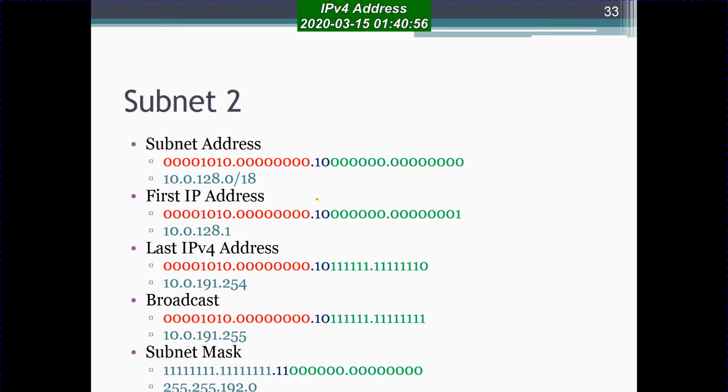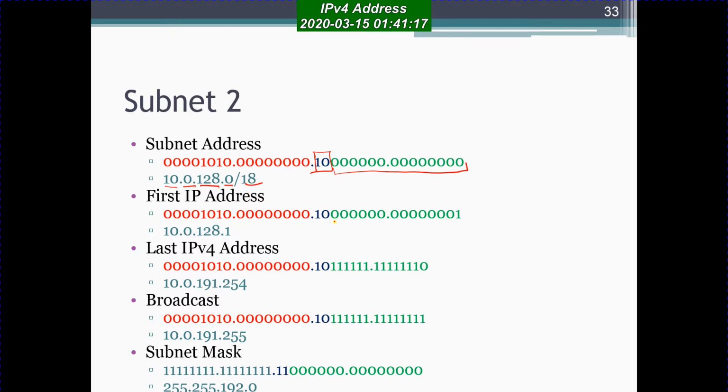Same story with subnet 2. We go for this combination, 10, in the subnet field. Leave all the bits in the host address field equal to 0. Convert back to decimal. We have now 10.0.128.0/18.